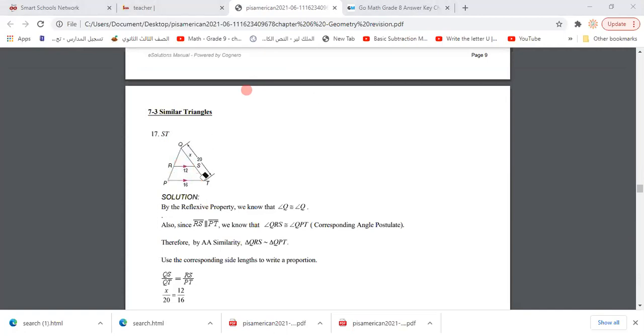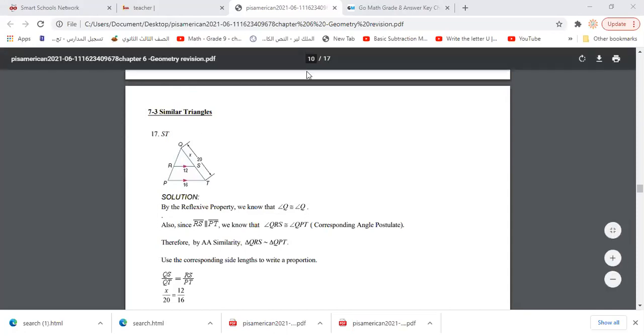Then the two triangles will be similar, and then we will write the proportionality: QS over QP, RS over PT, and then QS over QT. Then you will find the missing side. Is there anyone who can't remember this part until now?